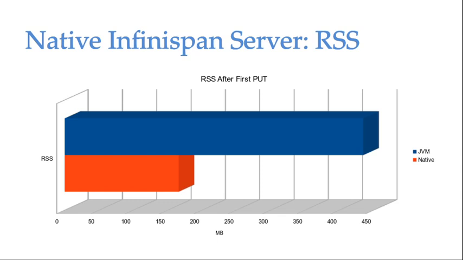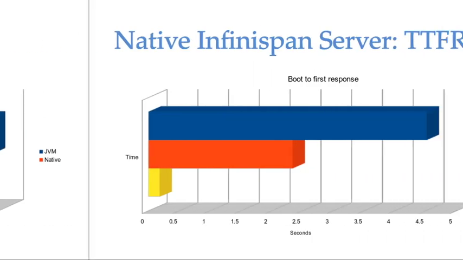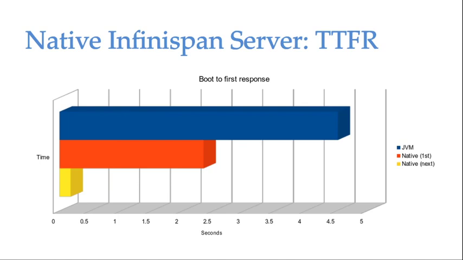As we can see, the JVM uses just over 430 megabytes for this, whereas the native application uses just over 150 megabytes, which is a third of the memory utilization. So all of those extra megabytes are available for storage. Memory is obviously a very precious item in cloud environments.